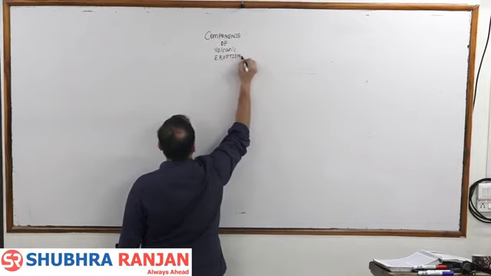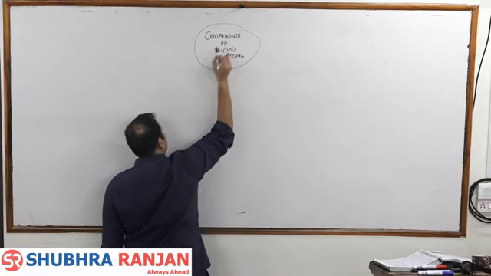What comes out of the volcanic eruptions? What comes out?